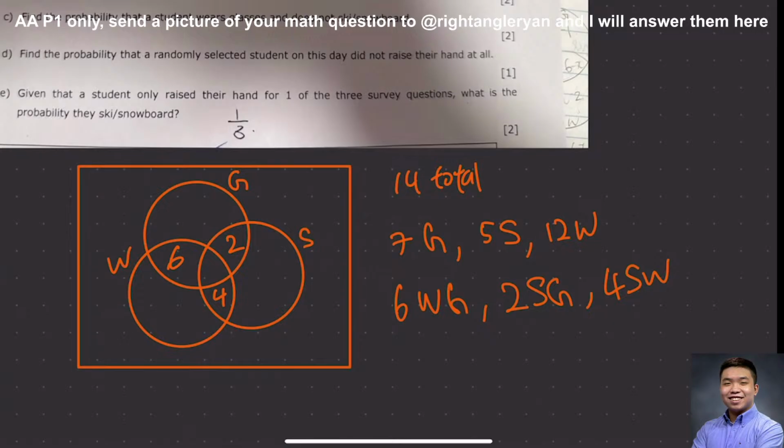Since we have 7 people that do G, 6 and 2 can't work out, because then we won't have 7 people in here. We have 8 people in total. If we move one of these guys from here to here, that's not going to work either, because then we're going to have 8.